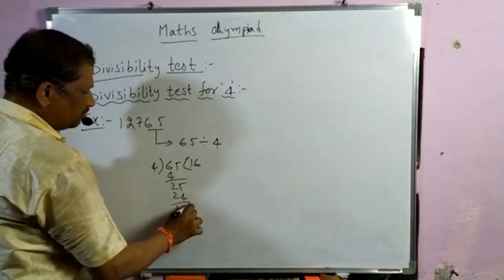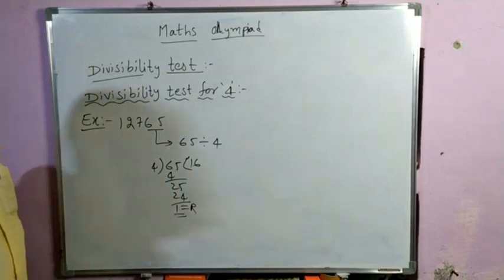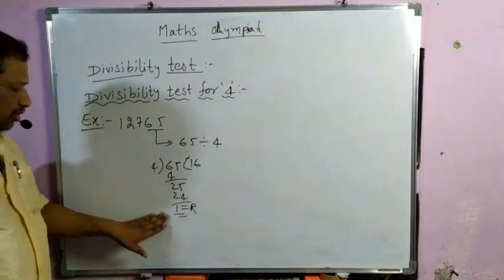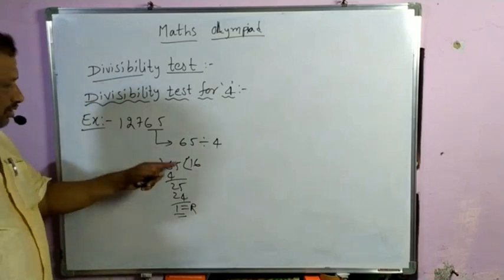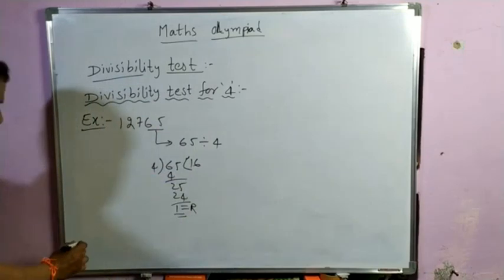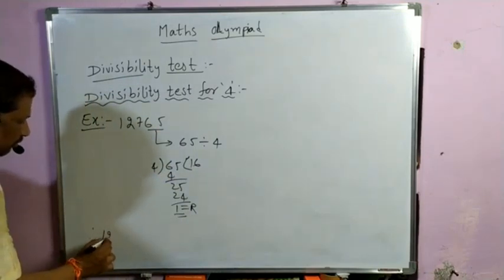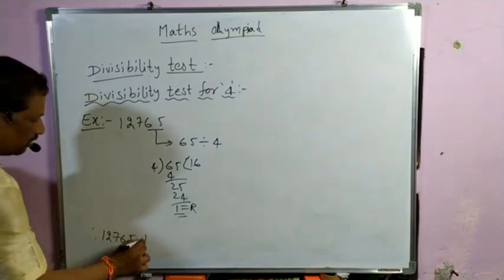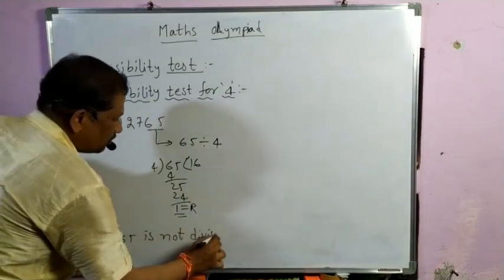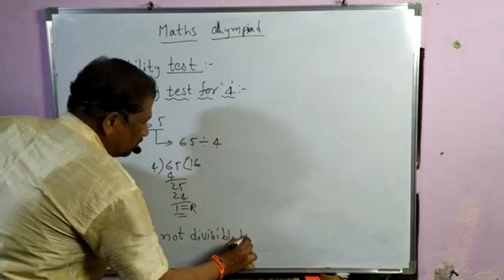Remainder is 1. So it is not divisible. We are not getting remainder 0 here. So this given number is also not divisible by 4. Therefore, given number 12765 is not divisible by 4.